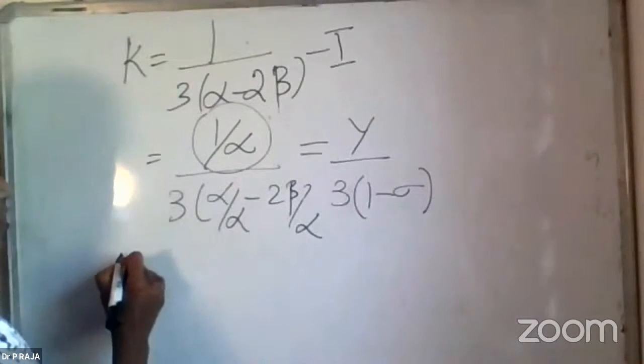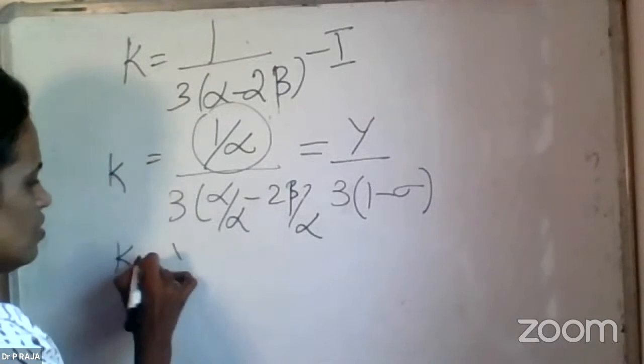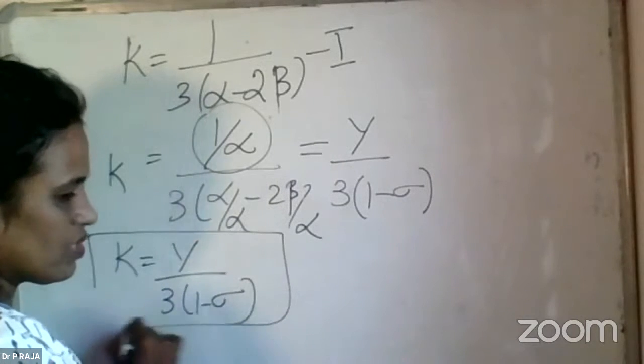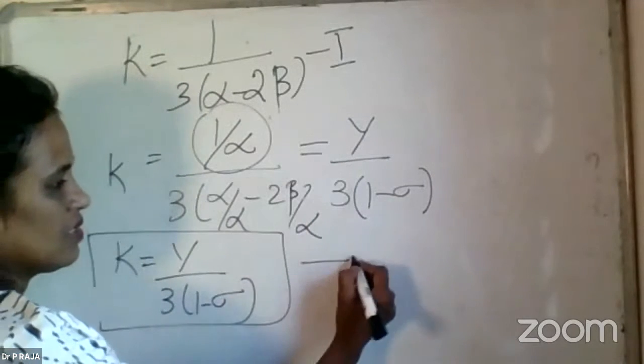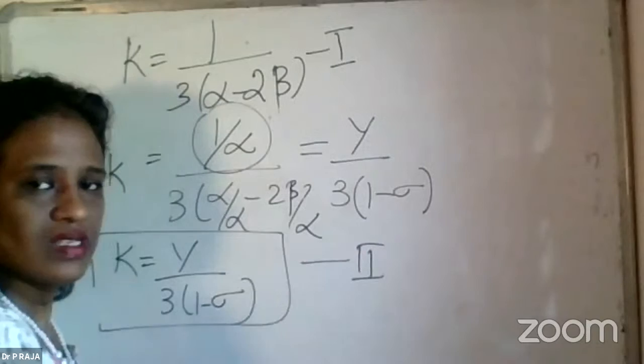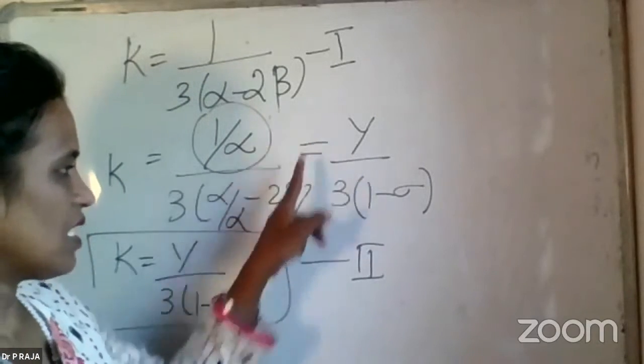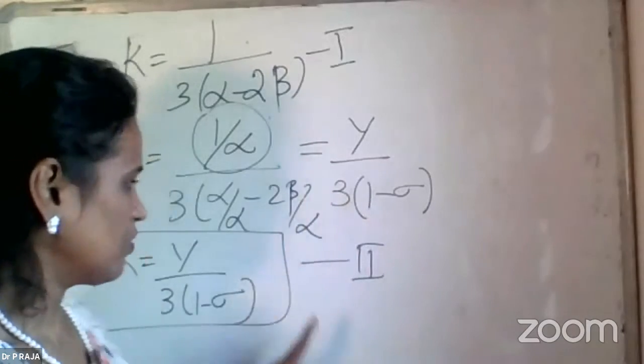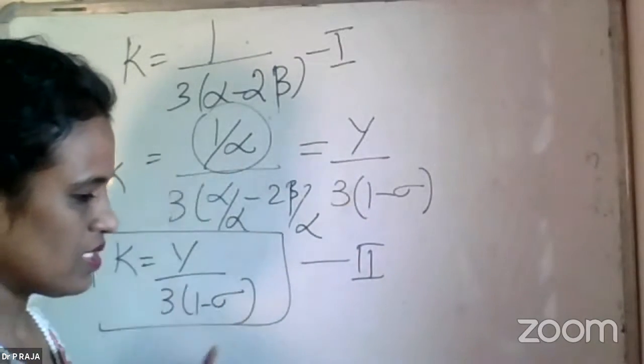So we got K as Y by 3 into 1 minus 2 sigma. We got these two equations in the very first class when I dealt with Y, eta, K and sigma. So these two equations, I'm writing them one more time.